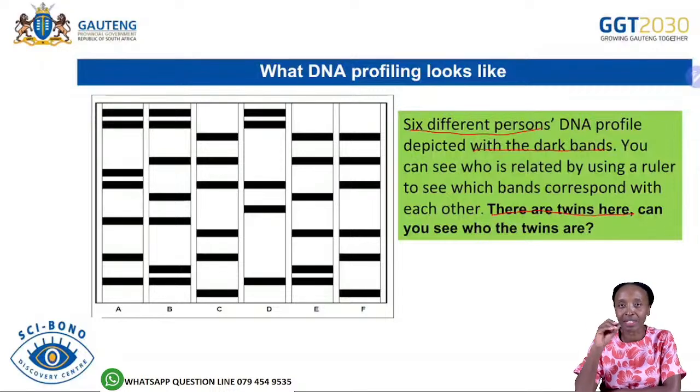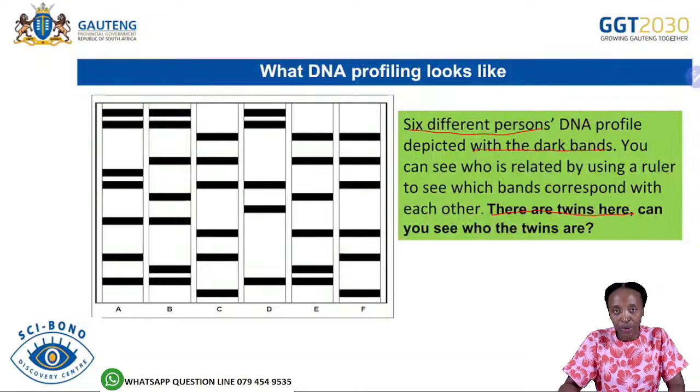Are they in the same position? Are they of the same size? Are they of equal length? And if you are matching 2 samples, for example, the one that is found in the evidence and the one that is unknown, you must check whether these 2 match. So that is what you're going to look into.